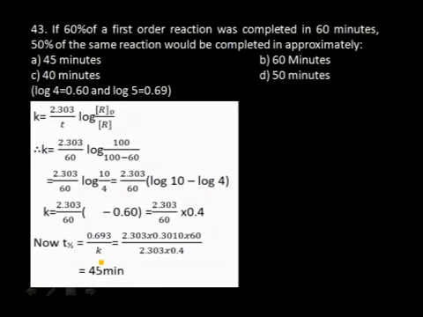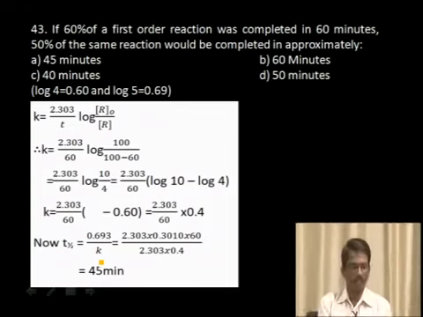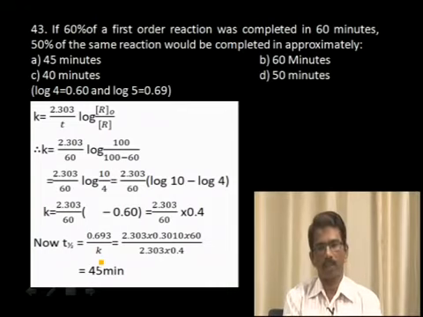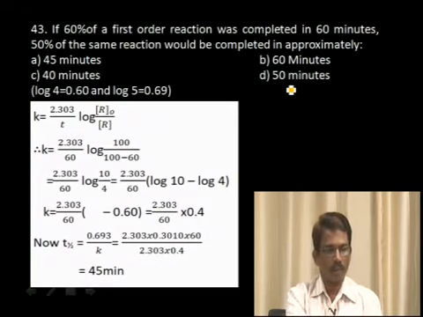It says, if 60% of a first order reaction was completed in 60 minutes, 50% of the same reaction would be completed approximately in 45 minutes, 60 minutes, 40 minutes and 50 minutes are the options. The rate constant of a first order reaction K is given as 2.303 by t log of R naught by R, and R naught for 60% completion, if I write R naught as 100, R is equal to 100 minus 60.